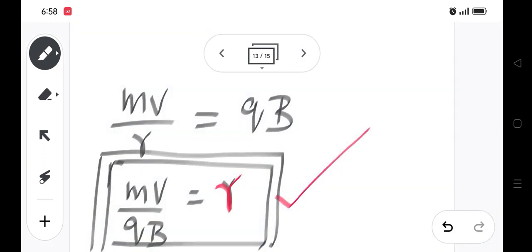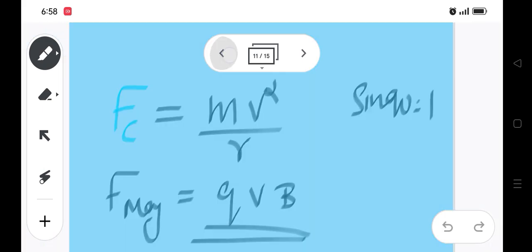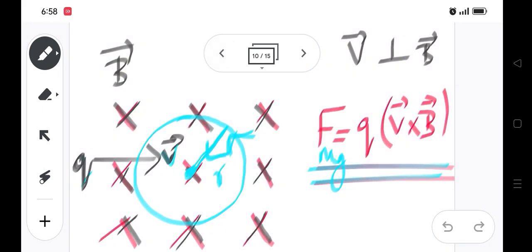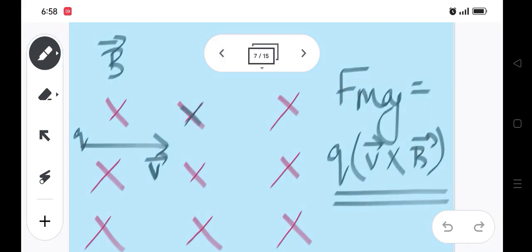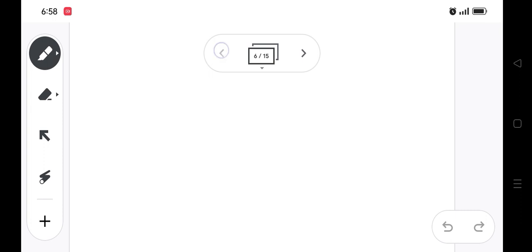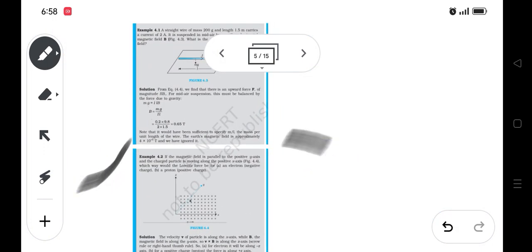Always remember it, because it's a sure question for competitive exams. Now we can move on to a problem based on the Lorentz force. It's a textual problem, simple but very important. So this is that problem.